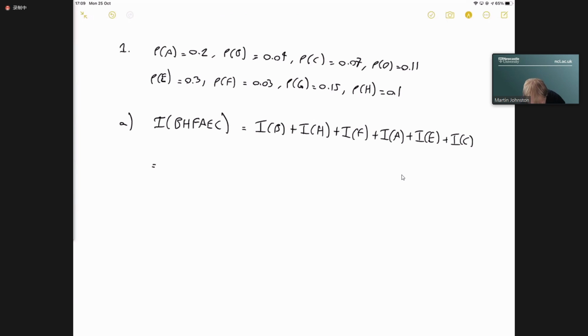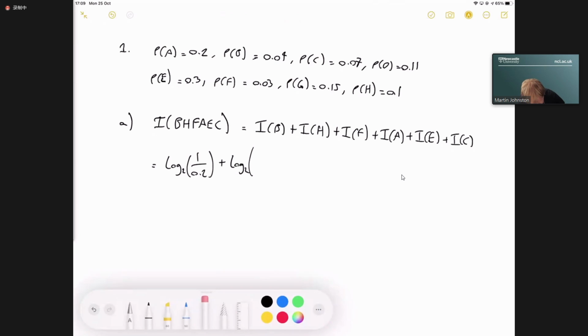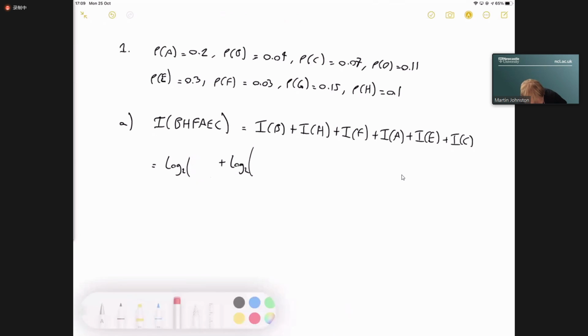So we've got log to base 2 of 1 over 0.2, plus log to base 2 of 1 over 0.04. Plus the information of H, which is 0.1, so that's 1 over 0.1.